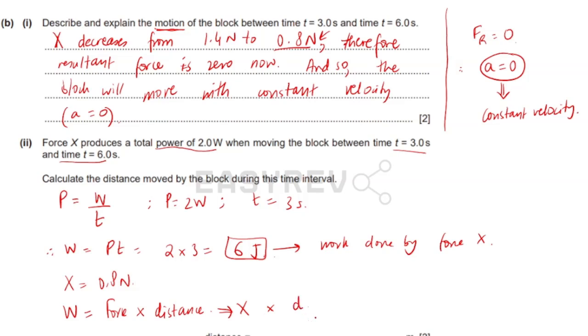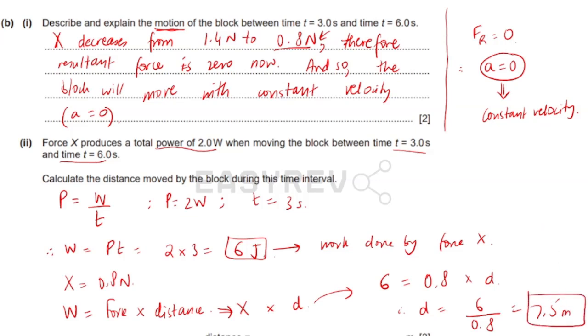I'll just call it d. So we'll basically use this formula to our advantage. We have the energy of 6 joules. The force we know is 0.8 times the distance d. Therefore, the distance is simply 6 divided by 0.8. So now it's just a matter of plugging everything into your calculator, and what do you get? 6 divided by 0.8, and you should get 7.5 meters. Right?